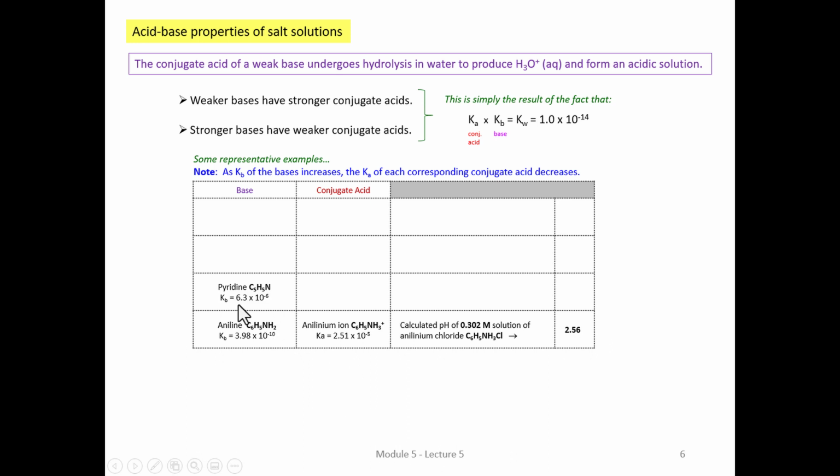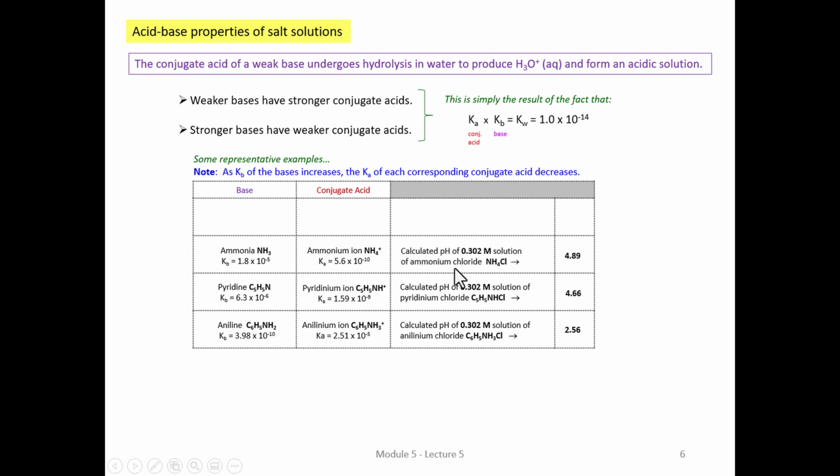If we make the base stronger, we find that the conjugate acid is weaker, and the calculated pH of a 0.302 molar solution of pyridinium chloride is now 4.66. Still acidic, not quite as acidic. Let's make the base even stronger, which means its conjugate acid is even weaker. This is the example problem we just did, and a 0.302 molar solution of ammonium chloride is 4.89.